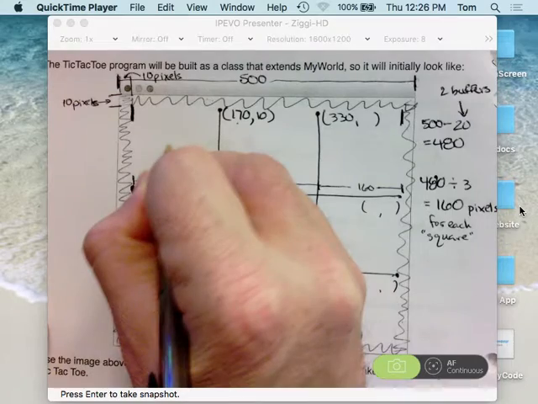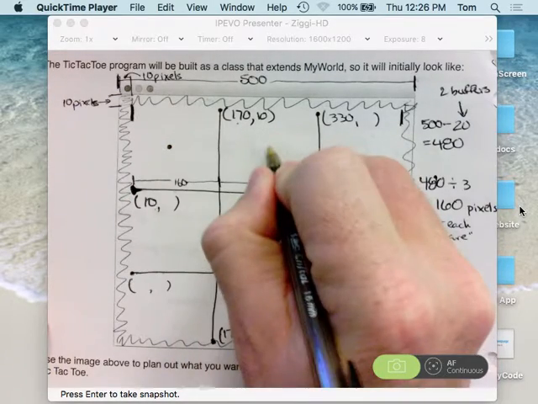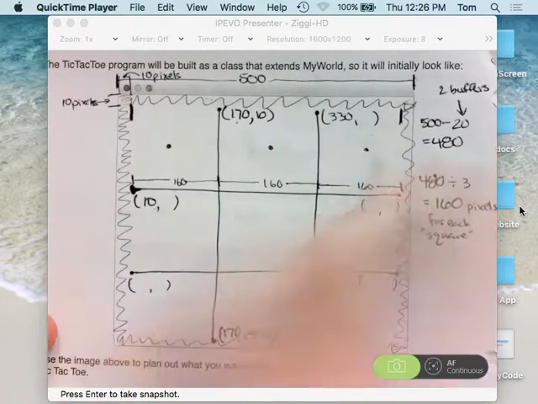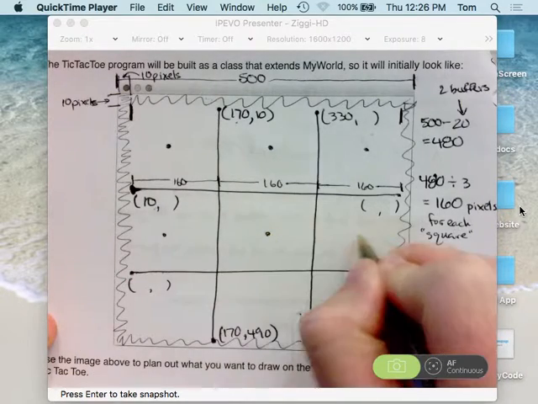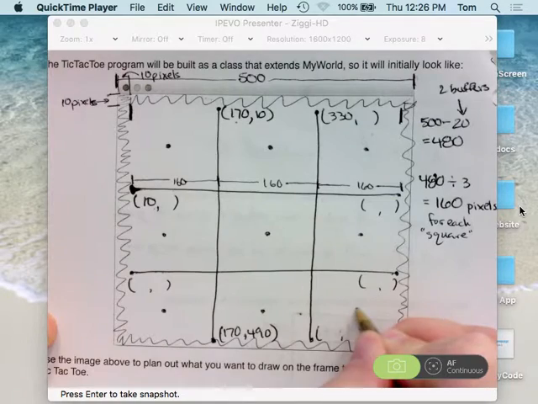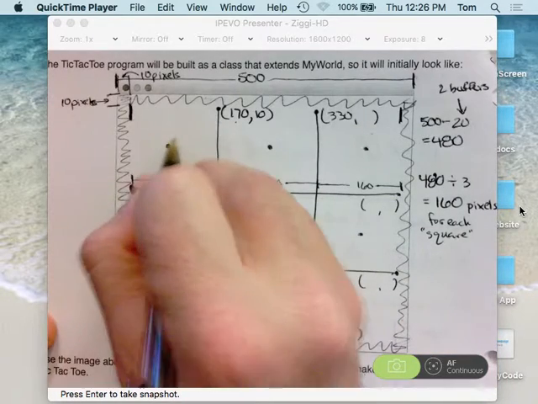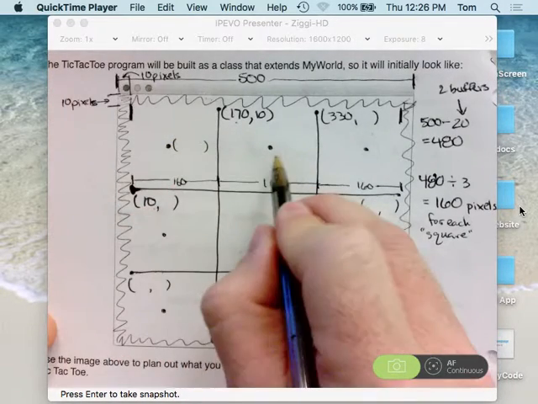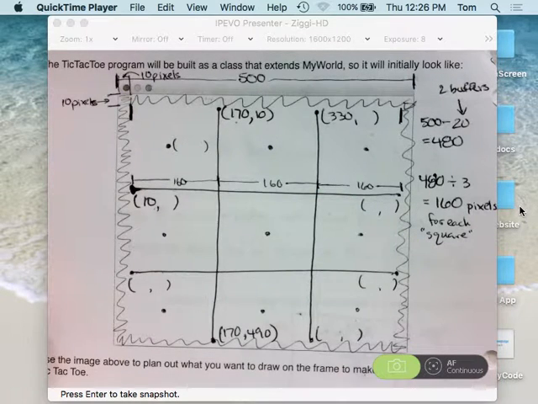So the other thing I want to figure out is, what is my center point for each of these squares? Because that's where I want to draw either my X or my O. So I want to think about what's that center point, all the way down the line. I should find 9 center points, and I should find, I guess, 8 coordinates to make up my 4 lines. All right, so that's what we're going to be doing with the rest of the class period.